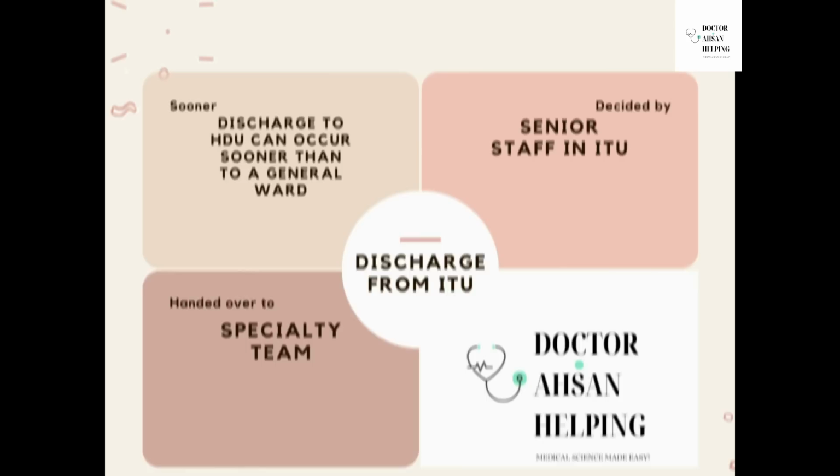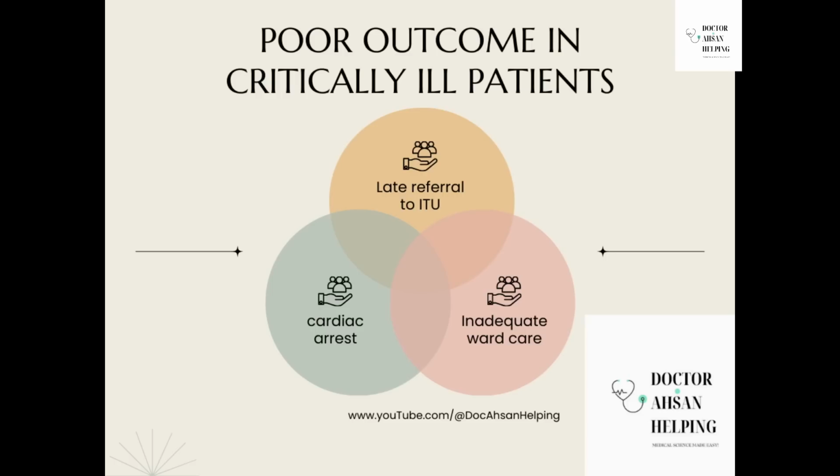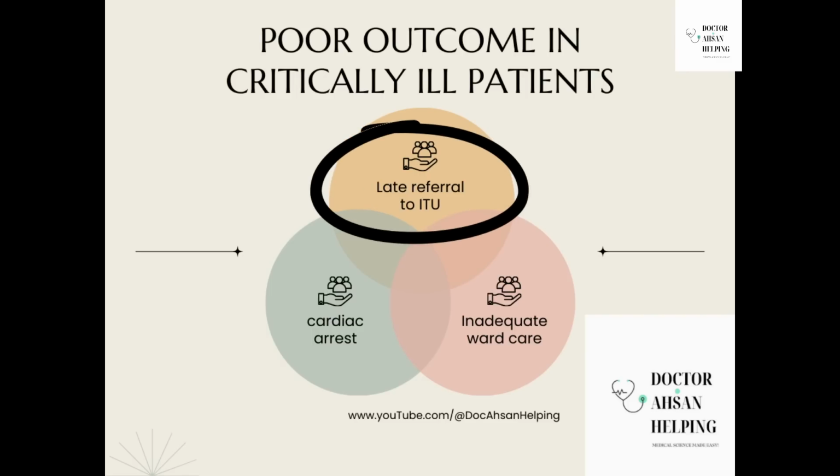So when you are providing critical care management to a patient, you have to be very clear in deciding which level of care a patient requires, because one of the criteria for poor outcome in critically ill patients is late referral to intensive therapy unit. So make sure that you refer the patient to intensive therapy unit as soon as the patient requires.